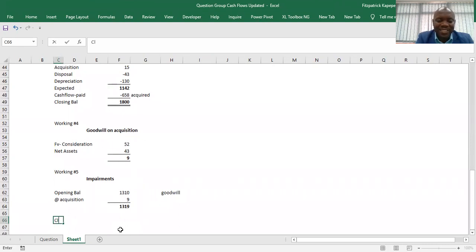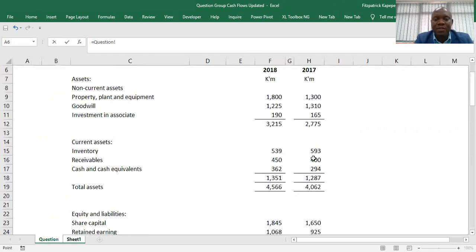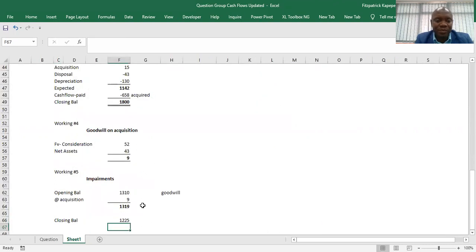But then it shows that we had a closing balance of 122, meaning there was an impairment of Zinga of how much? There was an impairment of 94.